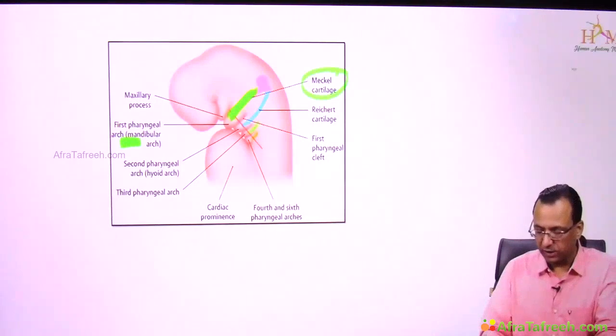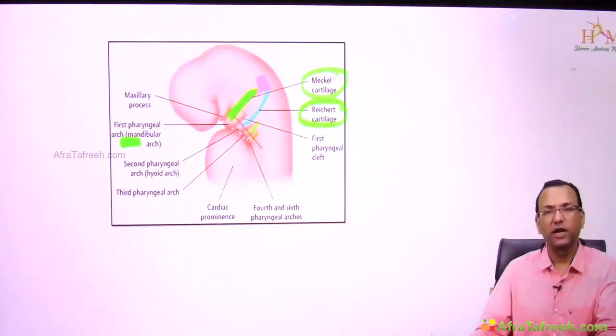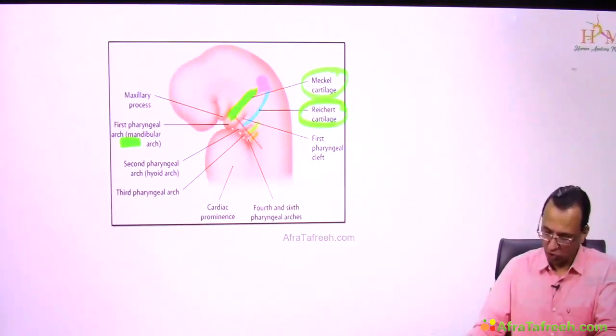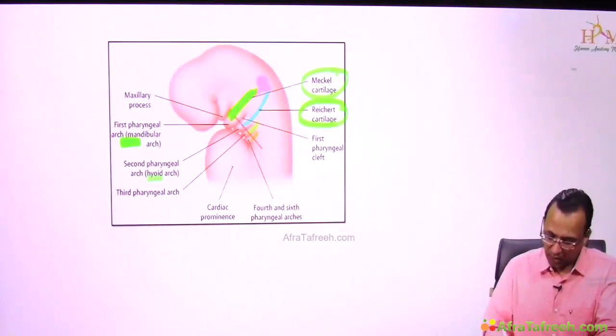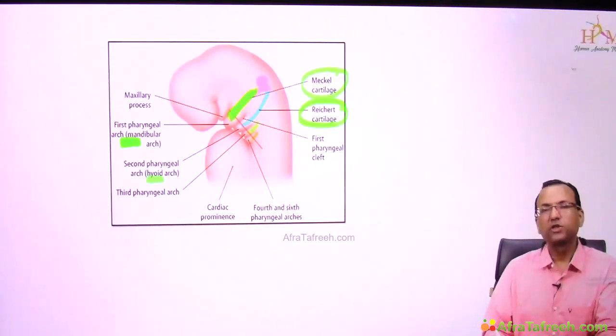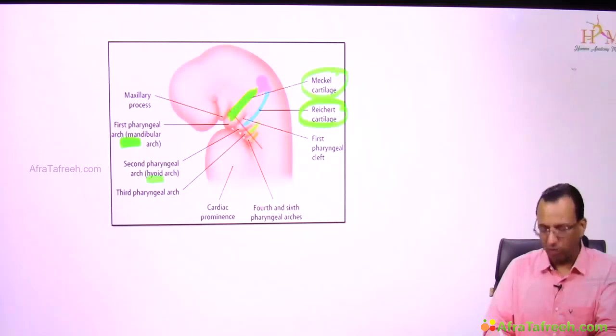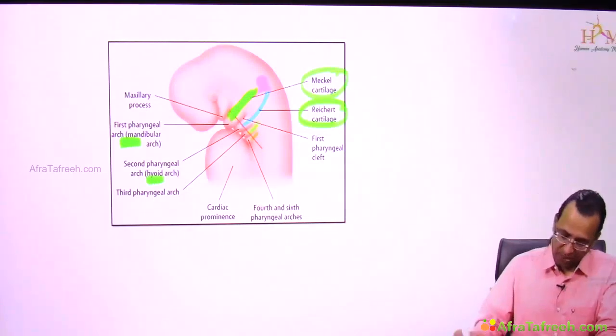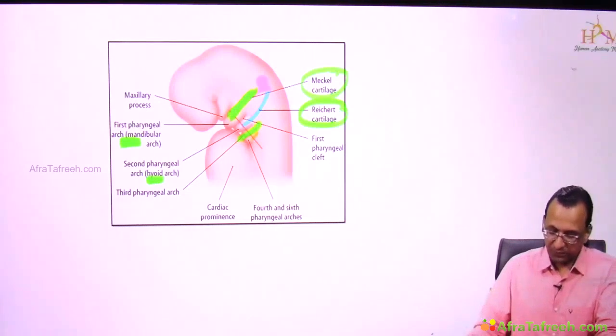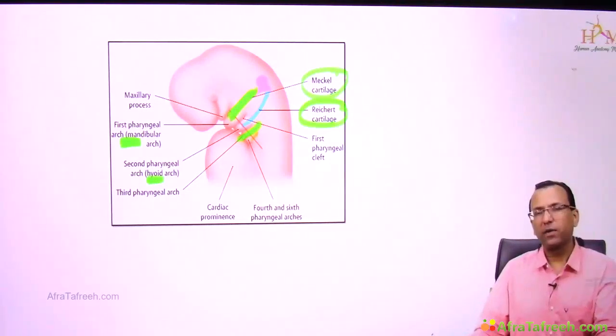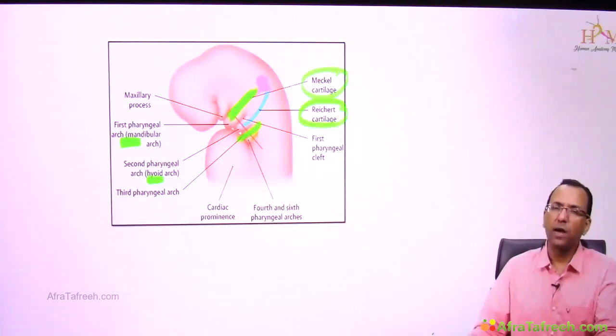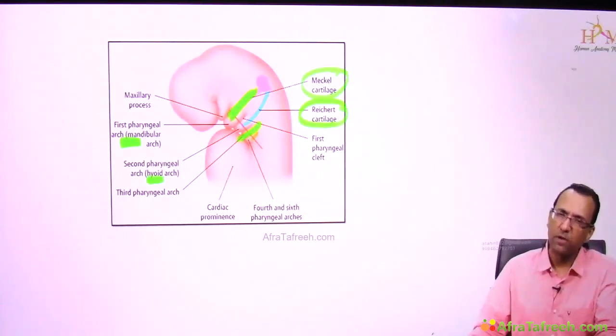It is Reichert's cartilage and forming the hyoid bone. So first arch is called mandibular arch and second arch is called hyoid arch. And then you also have third arch contributing to the lower part of hyoid. So second arch forms upper hyoid, third arch will form lower hyoid.